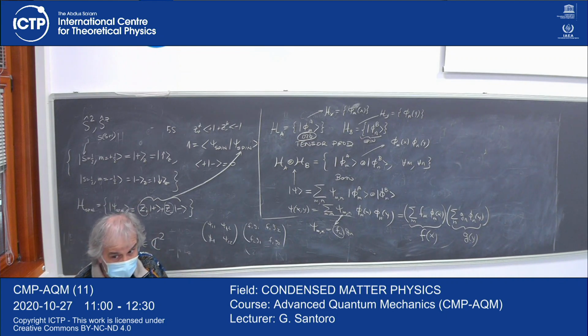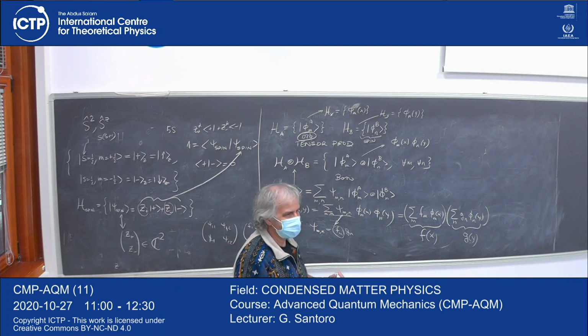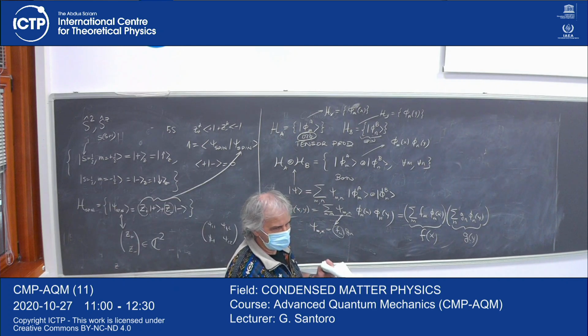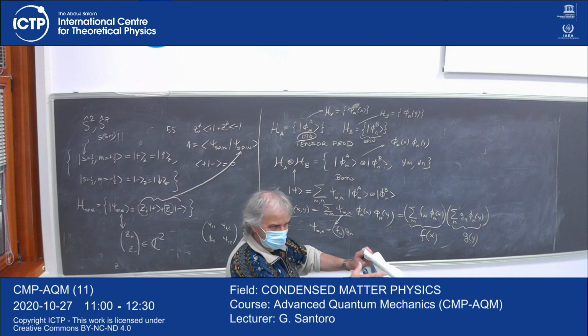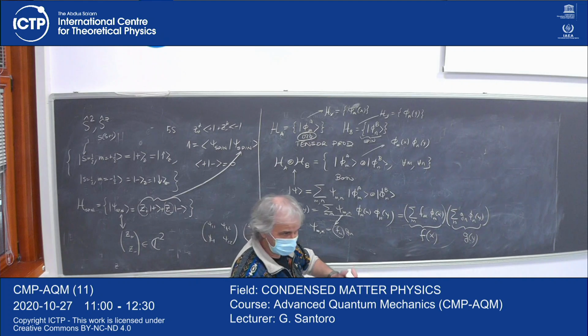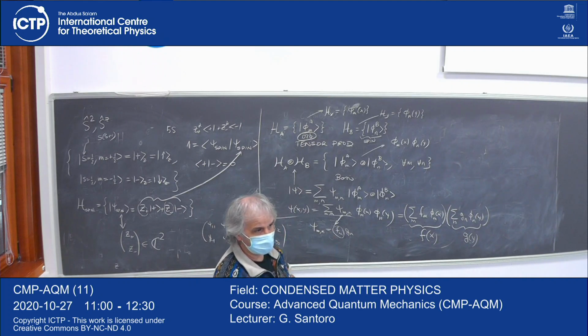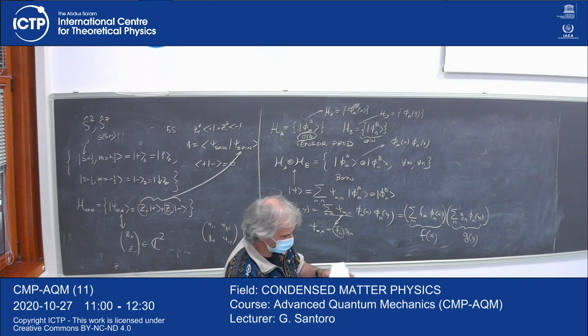But generally speaking, they are not factorized, mind you. So don't think that any state of a particle with spin is made of an orbital wave function times a spin state. That's not true. It is in general a combination of orbital times spin.